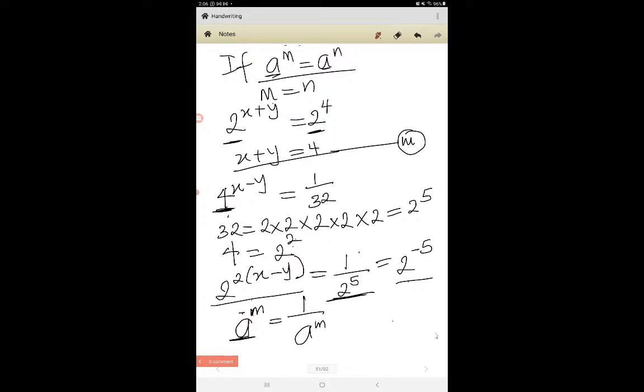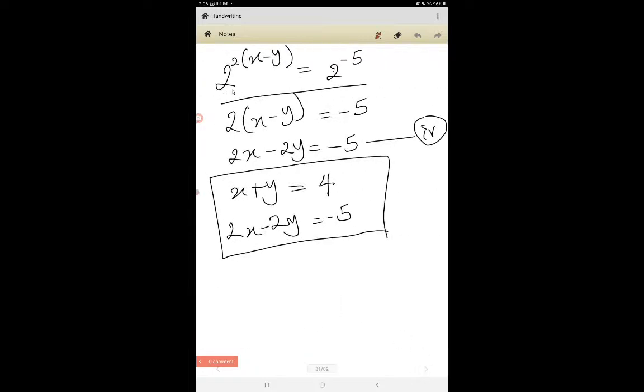So therefore, you bring these two together. Since the bases are equal, you remove the base to have 2(x minus y) is equal to minus 5. So we try to expand.